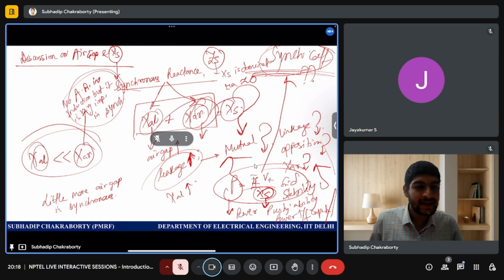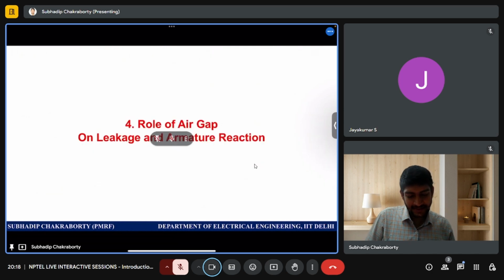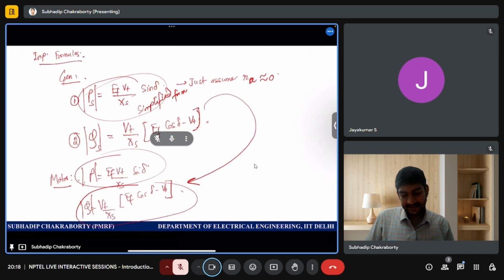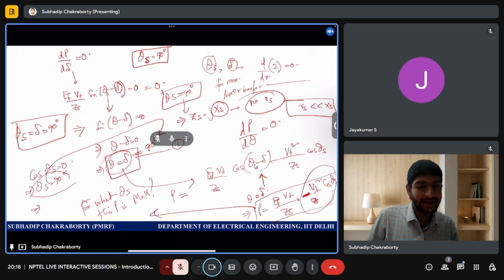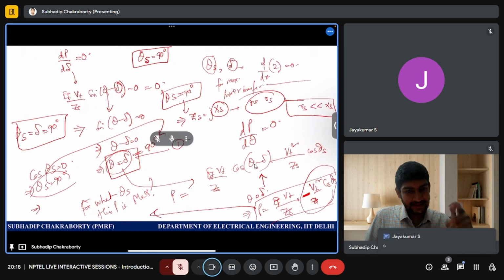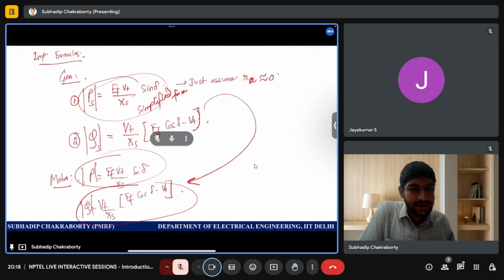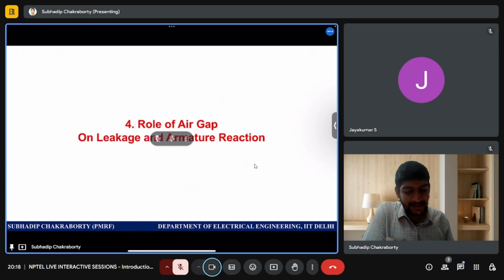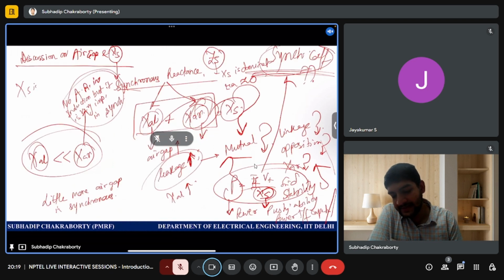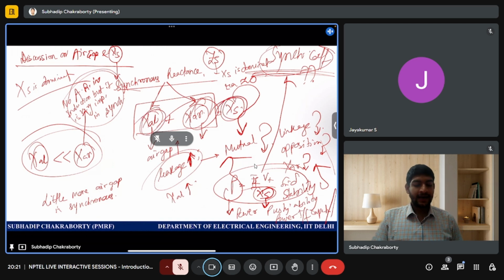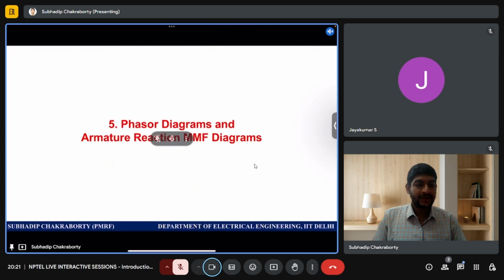And one more thing is to enhance the power transfer capability. We saw, as per the derivation here, that theta S should be 90 degrees, purely reactive. Theta S is the angle of the synchronous impedance. That should be purely reactive, meaning that there should not be any RA, but that is not possible practically, but we want to reduce it. That's why I'm telling XS is dominant. So while drawing the phasor diagram, we'll just play with XS. So now let us come to the important thing that we are discussing.